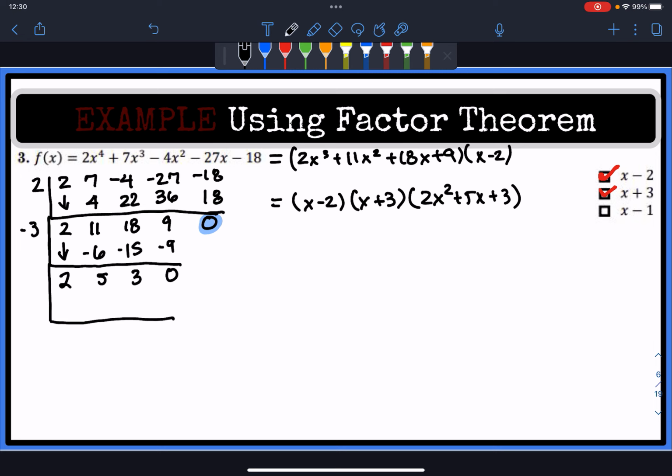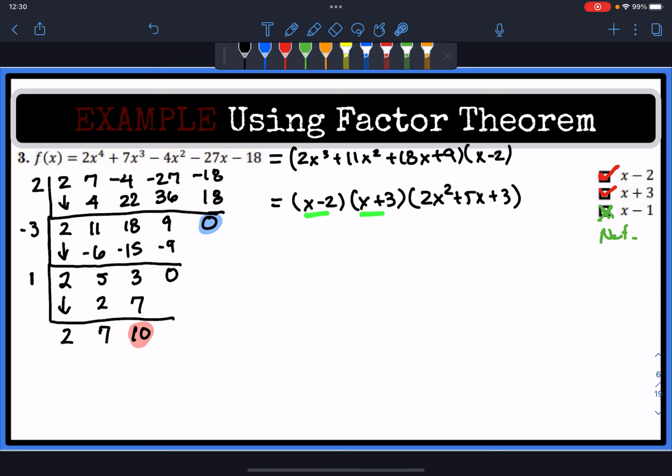So let's check. We're going to put positive 1 this time, because it's minus 1. And nope, we did not get 0. We ended up with 10. So since this is not equal to 0, that means that this last one is not a factor. So only the first two are factors.